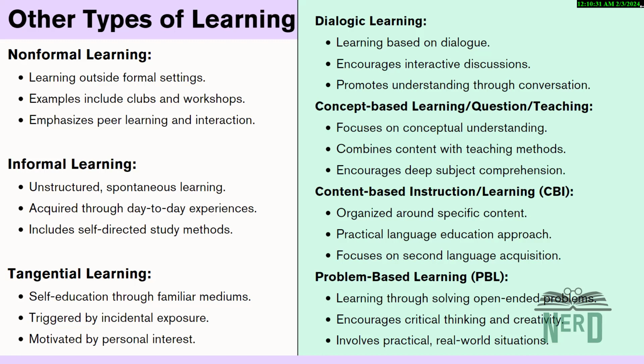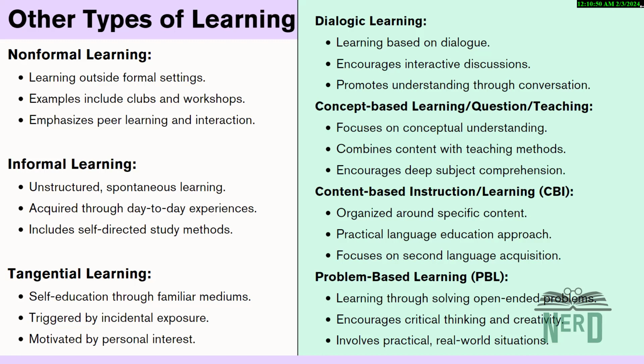It's like learning the concept of justice in a civics class and then discussing different laws on how they apply to this concept, right? And finally we have content based learning, and also we have problem based learning, right? So these are all about learning in context.